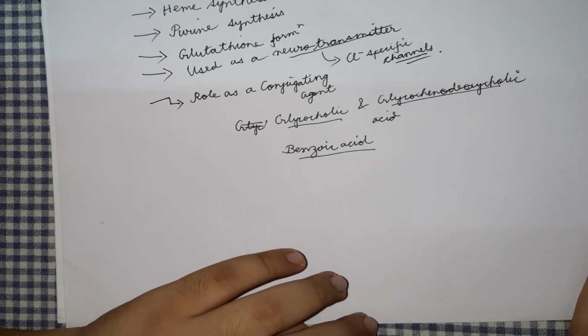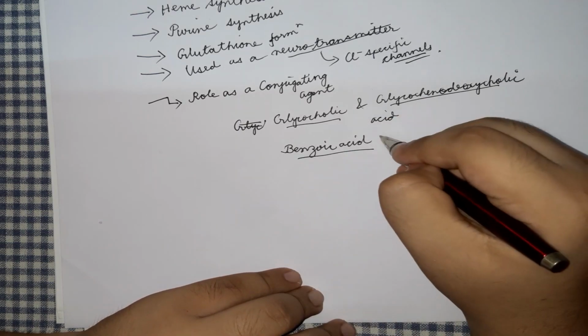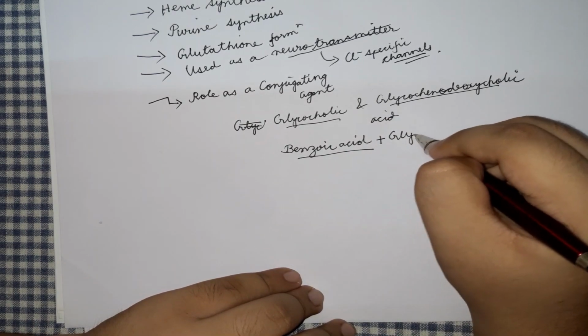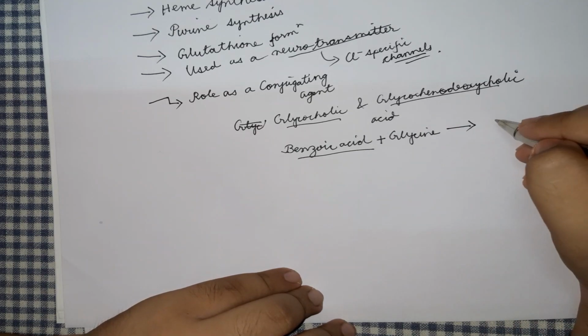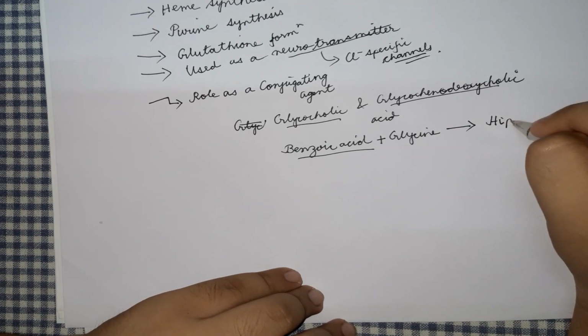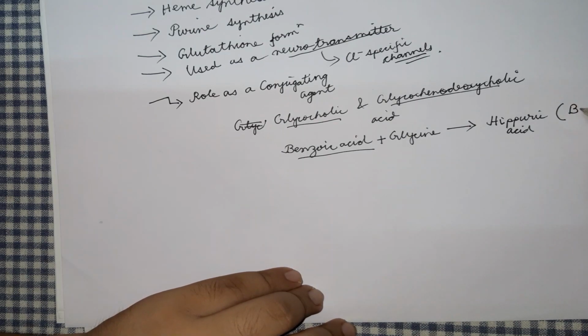So benzoic acid is conjugated with glycine to form a very important compound known as hippuric acid. Hippuric acid is nothing but benzoyl glycine.